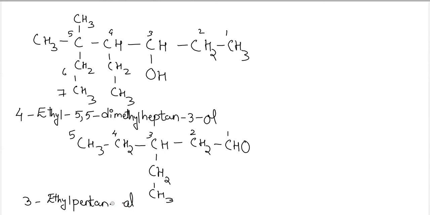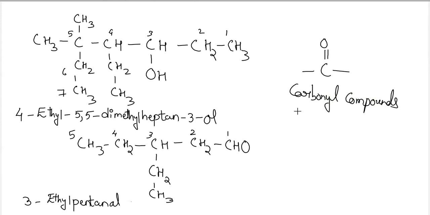Okay, you can use pentanal directly here because of the carbonyl groups. What are the carbonyl groups? The carbonyl groups are those compounds containing the C double bond O bond. So they are termed as carbonyl compounds or carbonyl functional groups.